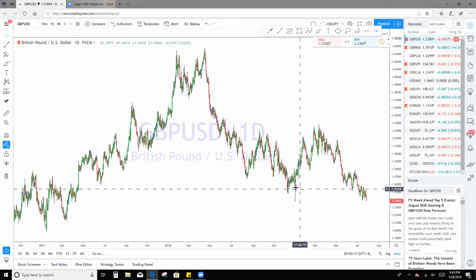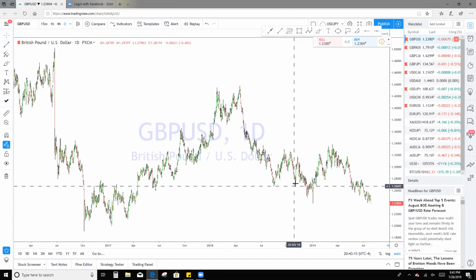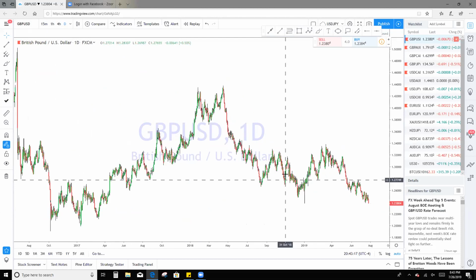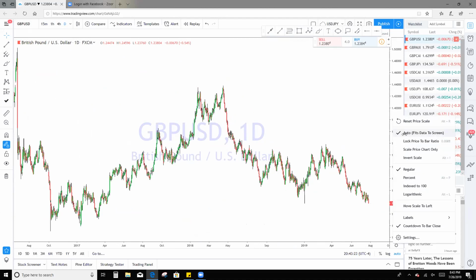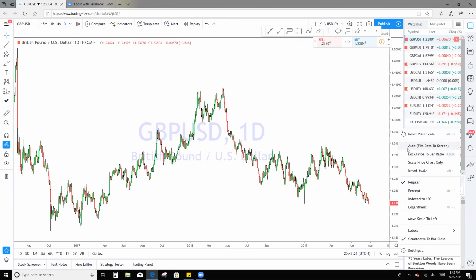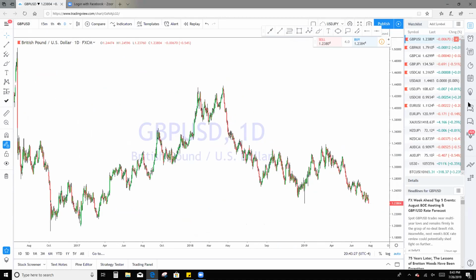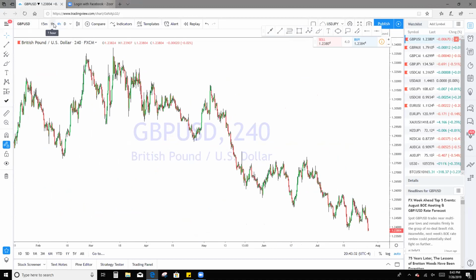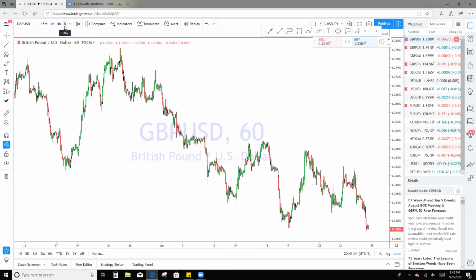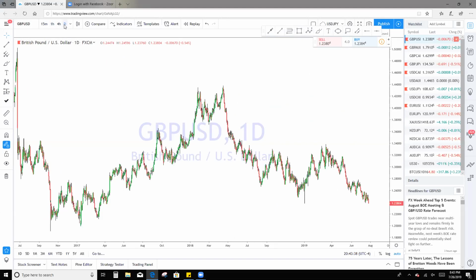Upon getting to my daily, one of the key things I want you guys to always do is, over here on your right-hand side, always set your charts to auto fit data to screen. Make sure that is always clicked. Why am I saying that? Because every time you zoom down to a smaller time frame, it's going to take you to exactly what you need to be looking at in the market.